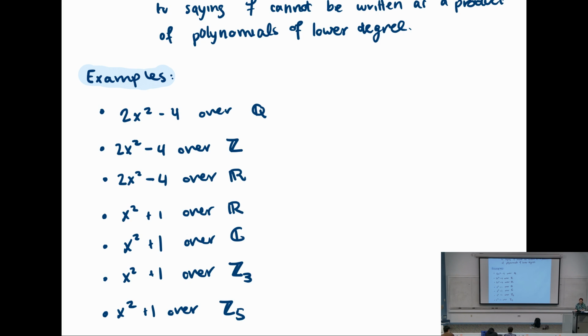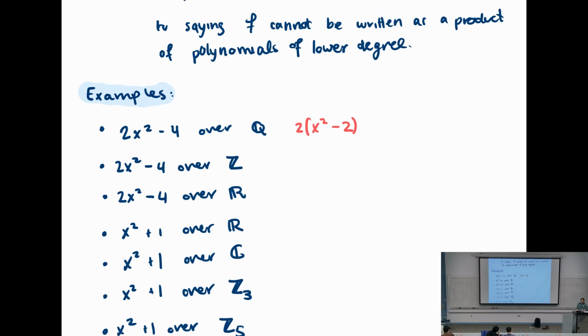Okay, yeah, so let's consider this factorization. If we pulled out a 2, this is one way to factor the polynomial, but one of these factors is a unit in the ring.